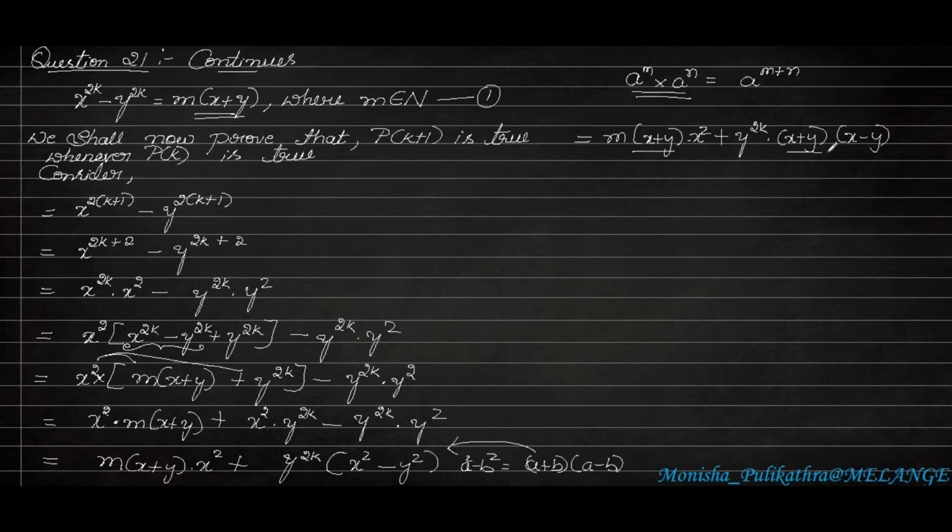Now here x plus y and x plus y is common. So I will be taking x plus y common here. If I take x plus y common, the remaining is m into x square plus y to the power of 2k into x minus y.